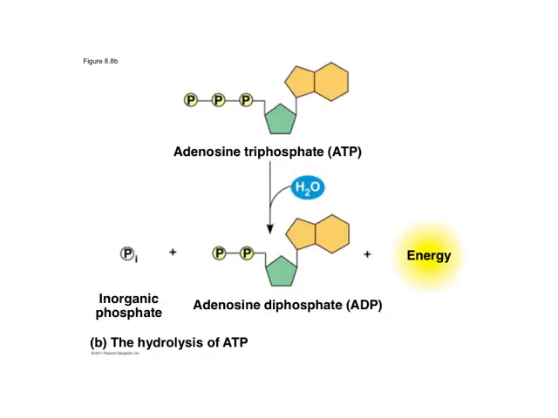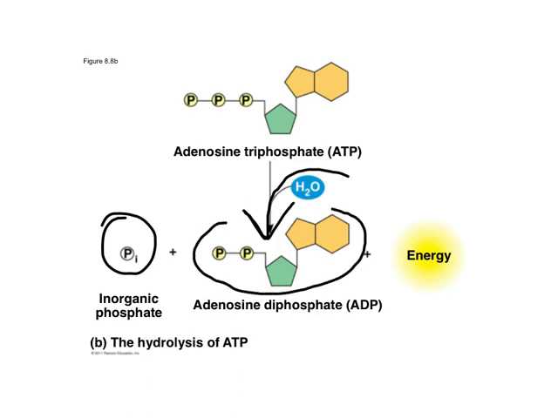ATP is going to undergo hydrolysis, which is the method in which it is able to release energy. So when you add in water, you're going to get a phosphate group, a phosphorylated intermediate, and you're going to get ADP in addition to energy.